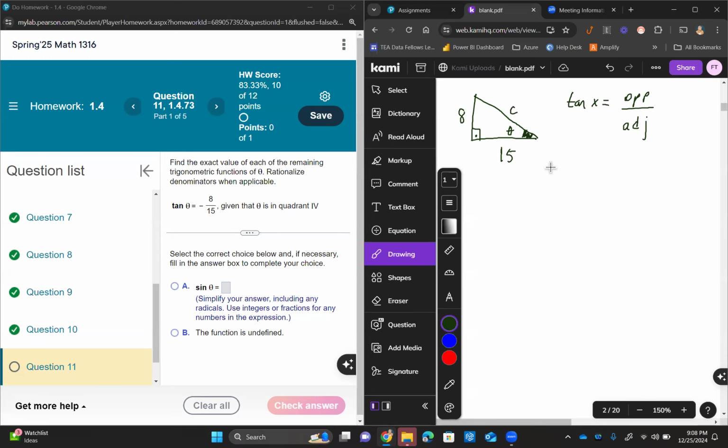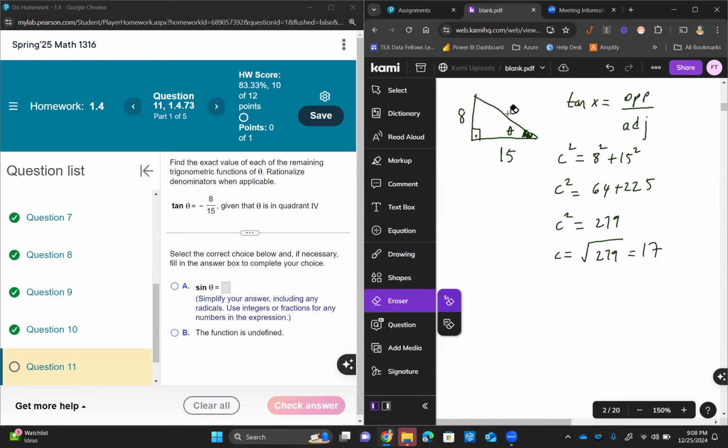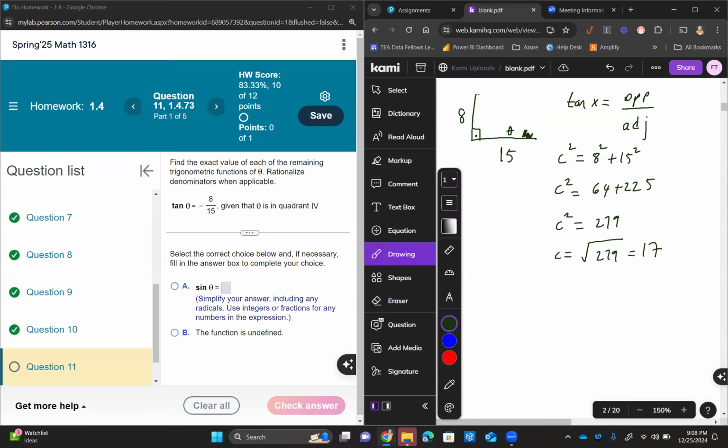If I label this C, then C squared is equal to 8 squared plus 15 squared. So C squared is 64 plus 225, which is 289. That makes C the square root of 289, and that's 17. So the C value here will be 17.